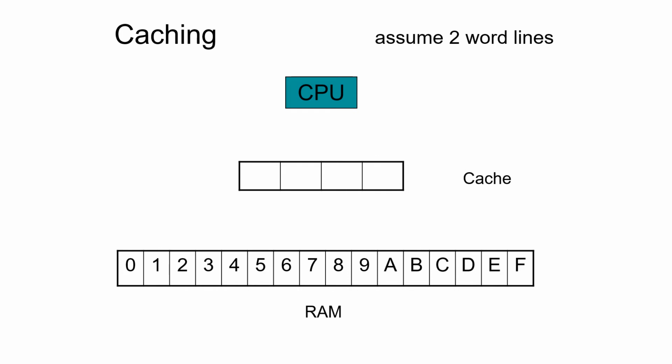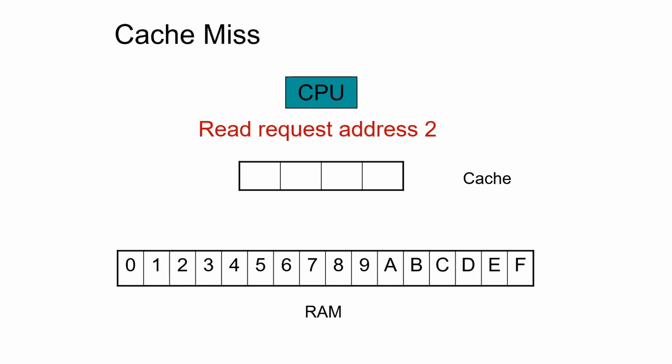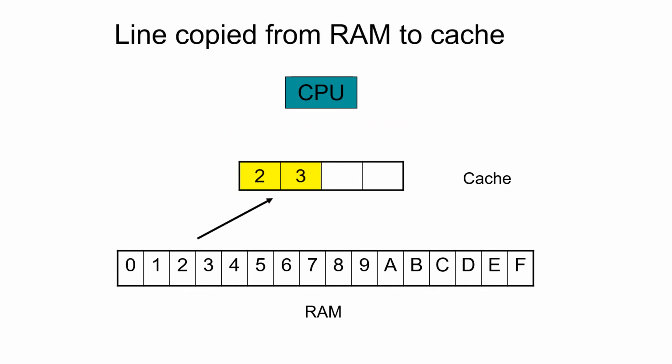Okay, we start with 4 words of cache, which is 2 lines of 2 words. And our RAM is only 16 words, indicated with addresses from 0 to F in hex. When the CPU wants address 2, it's not in the cache at the beginning. There's nothing in the cache. So it goes out and copies lines 2 and 3 into the cache.